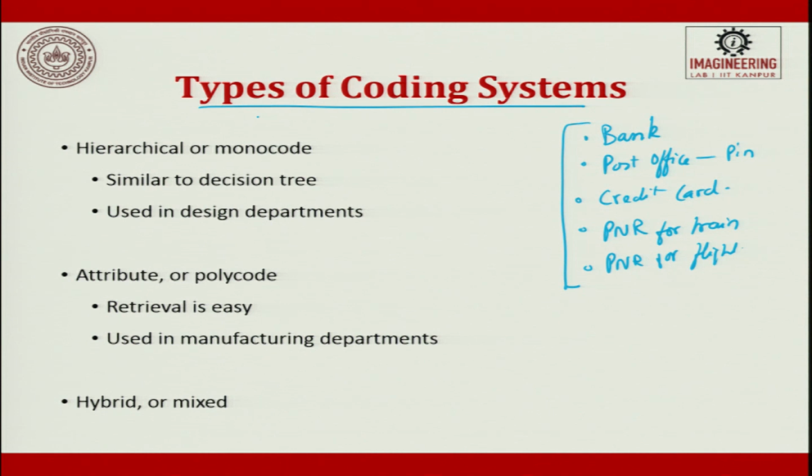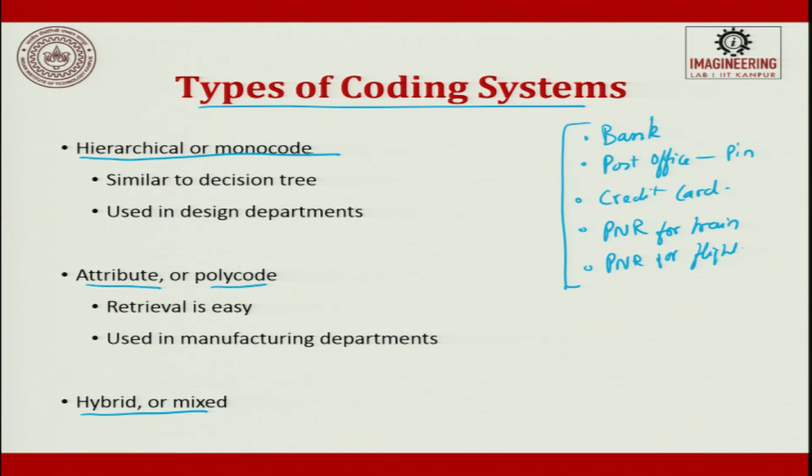When we take the same analogy in manufacturing, we talk about three different coding systems. One is called the hierarchical coding system or monocode system. The next one is called the attribute or polycode system, and the last one is a mixture of these two, which is the hybrid or mixed coding system.